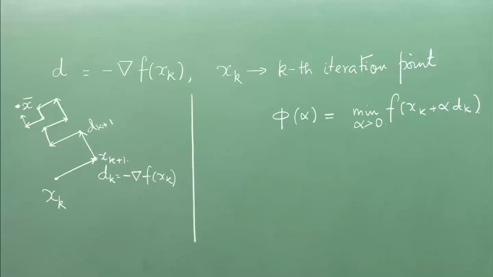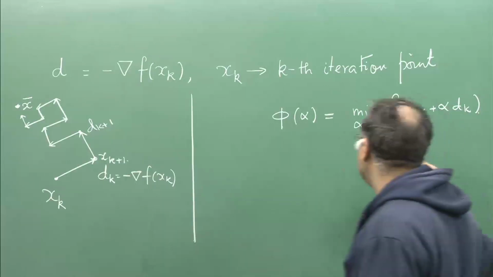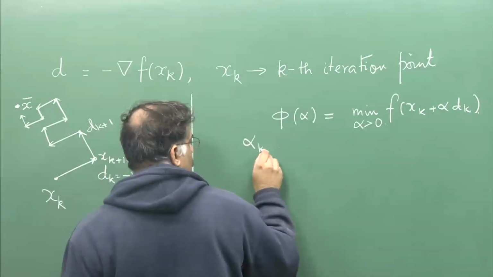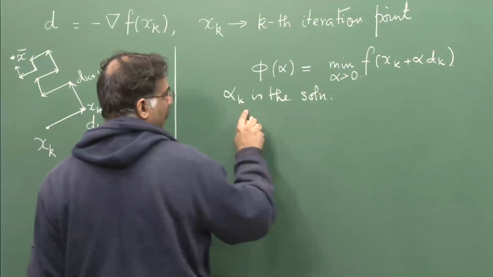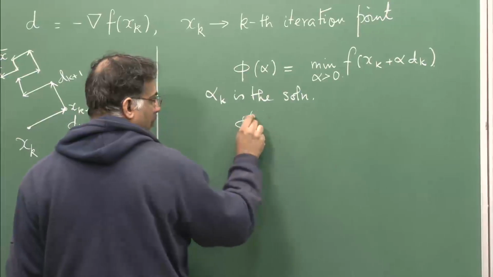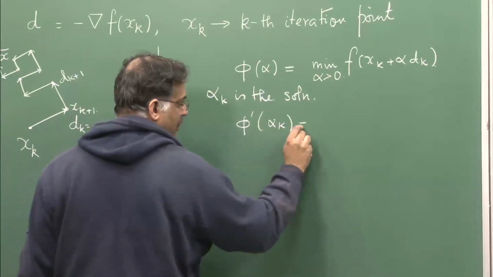If you are really talking about open sets, then, as we will see later in the Karush-Kuhn-Tucker conditions, all the constraints will become so-called inactive constraints and their Lagrange multipliers would be 0. So, what is very important to note here is that I can obtain alpha_k as the solution, because there is x_{k+1}. If alpha_k is the solution to this problem, then my necessary optimality condition is this.